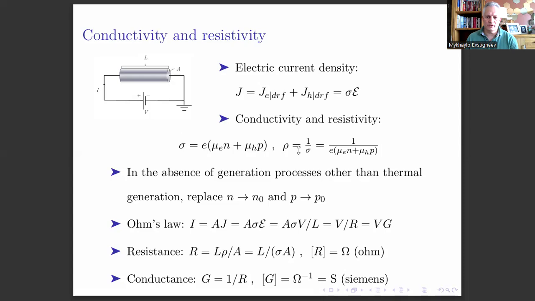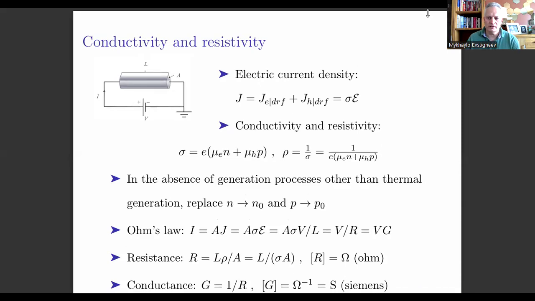The inverse of the conductivity is the resistivity. 1 over sigma is the resistivity. In the absence of generation processes and for low injection level, we can replace the non-equilibrium concentrations of electrons and holes with their equilibrium values, n naught and p naught.